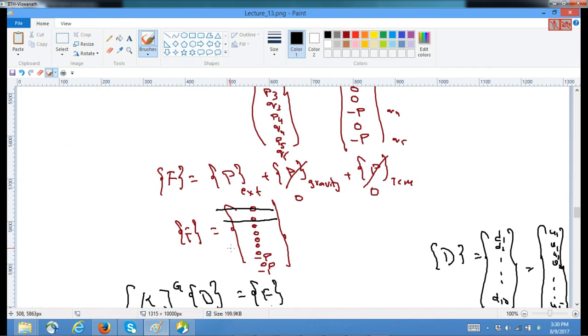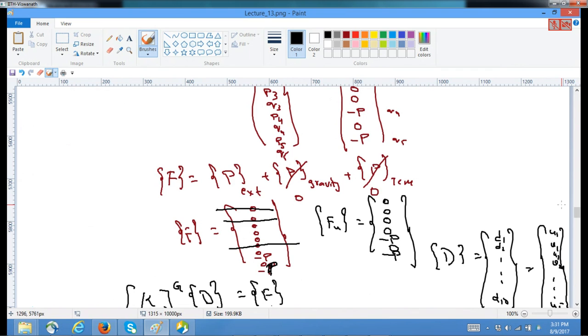The remaining thing would be your FU. So the FU for this problem is given by 0, 0, 0, 0, 0, minus p, 0, and minus p. Okay, so 1, 2, 3, 4, 5, 6, 7. So 7 is right. This is your FU.